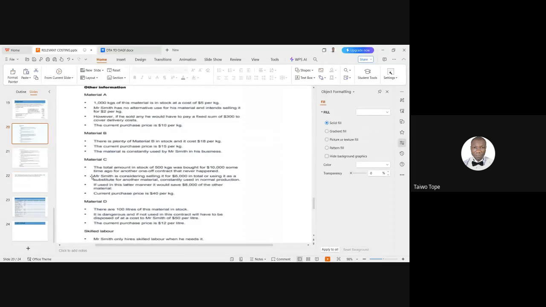Then after that, you can lay your hands on the last diet question on relevant costing. Don't say they've tested this topic last diet, so they will not test it again. They will still test it. It can be in another way, but the understanding you gain in solving them will help you when solving other ones. The question is question one, last diet, I think, on relevant costing, something of this nature.